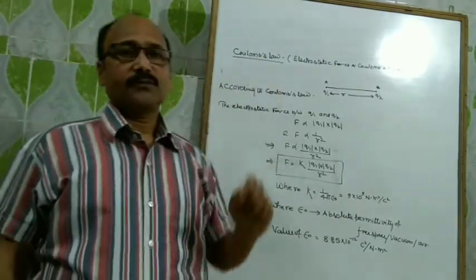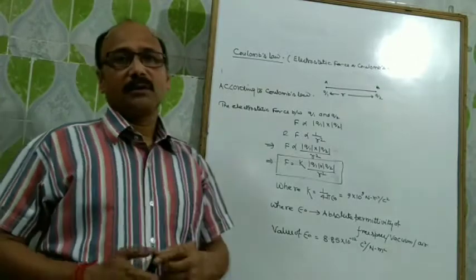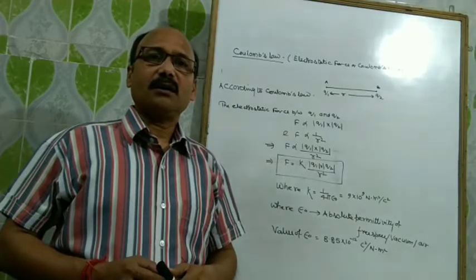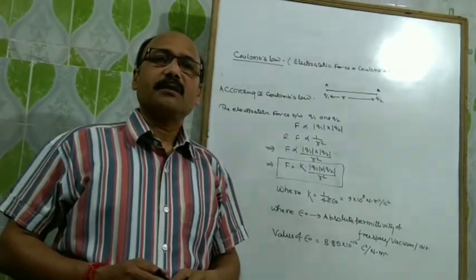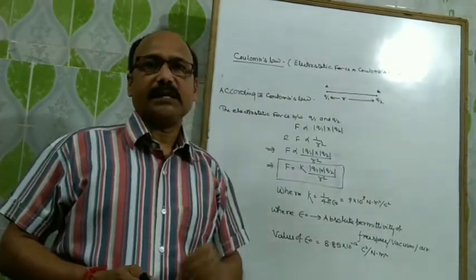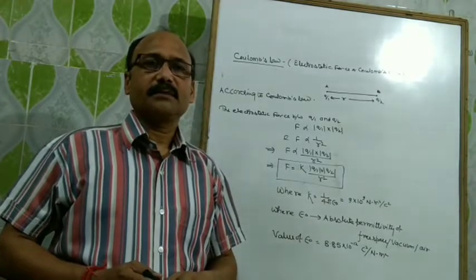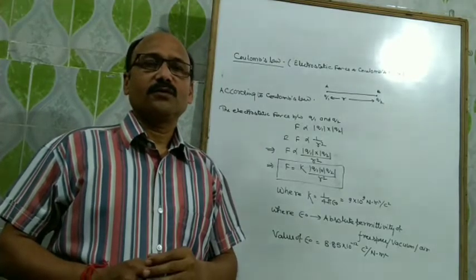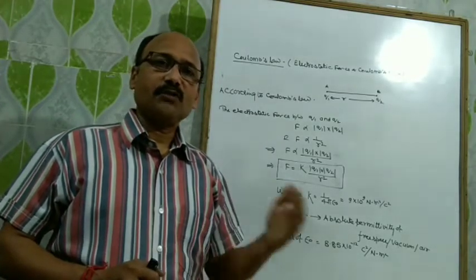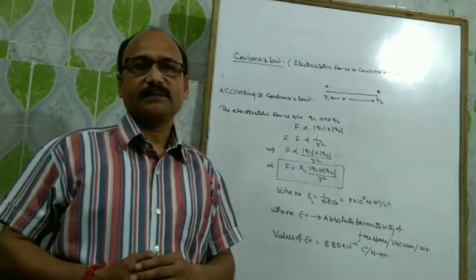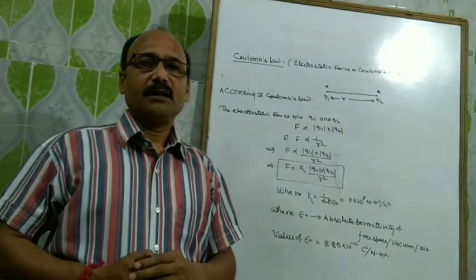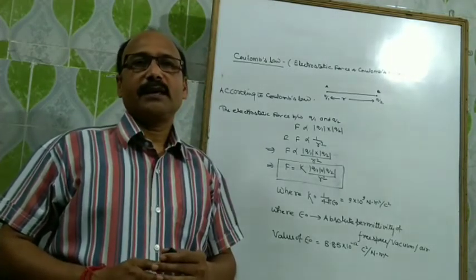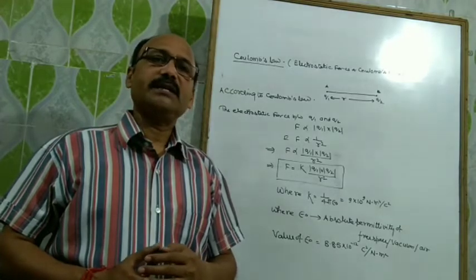According to Coulomb's law, the force of attraction or repulsion between 2-point charges at rest is directly proportional to the product of the magnitude of charges and inversely proportional to the square of the distance between them.